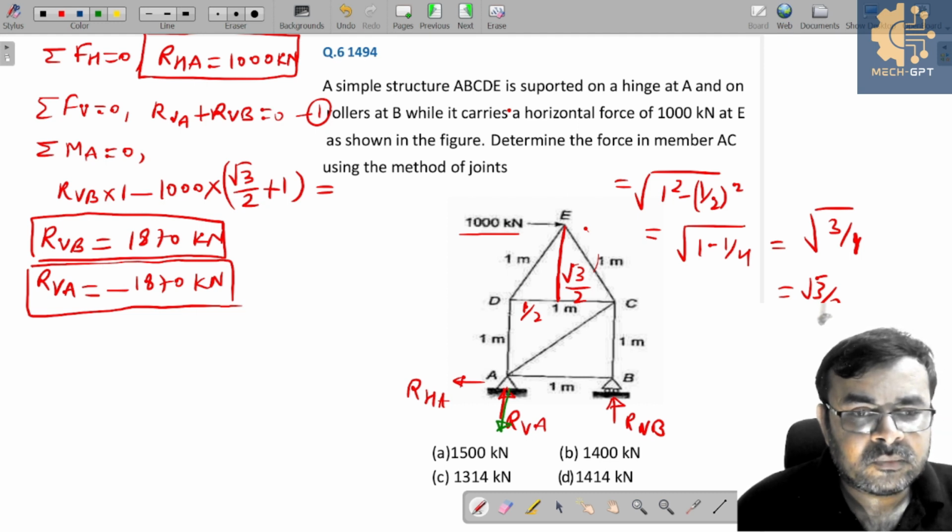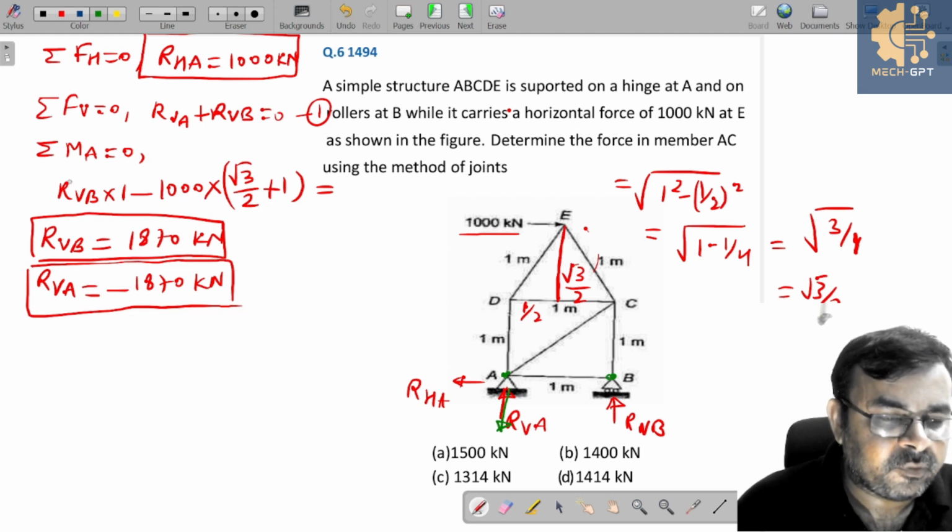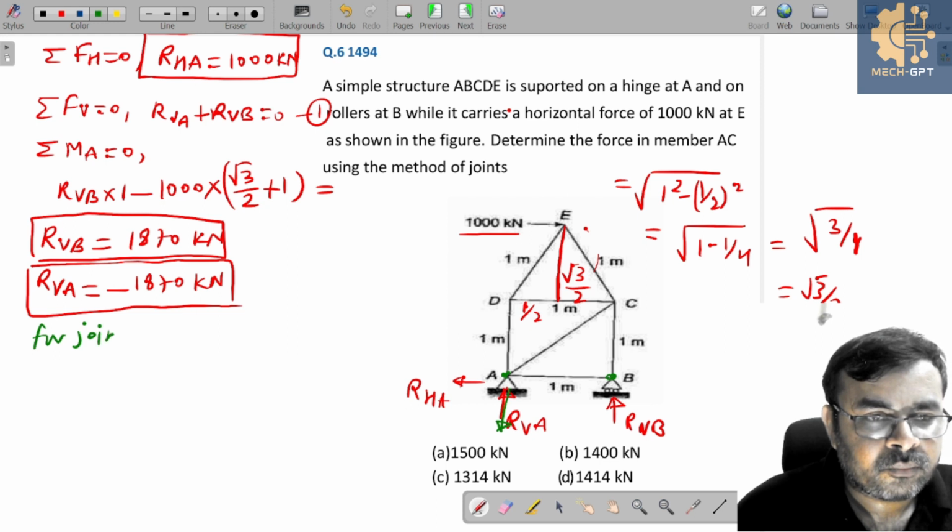Can I directly apply the method of joints for joint A?